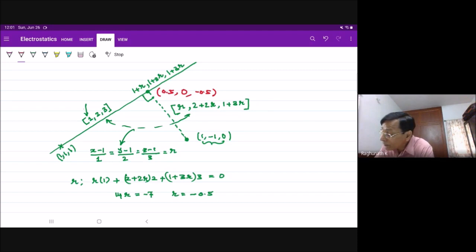What is the distance? This vector is 1 minus 0.5, 0.5 AX, minus 1 AY, plus 0.5 AZ. Because of which the distance, now R bar is this, divided by mod R whole squared I have to put.